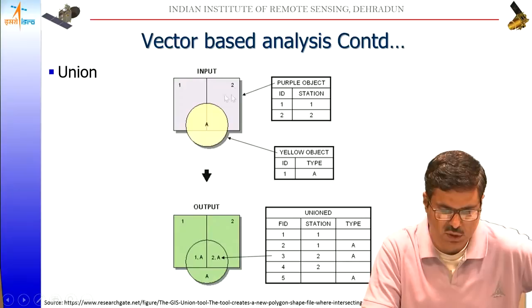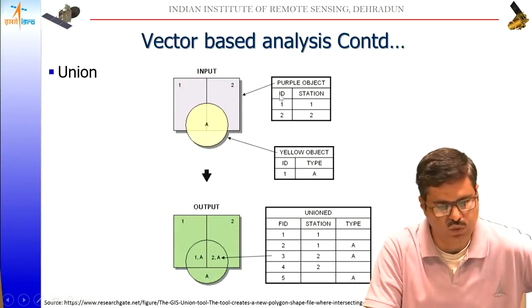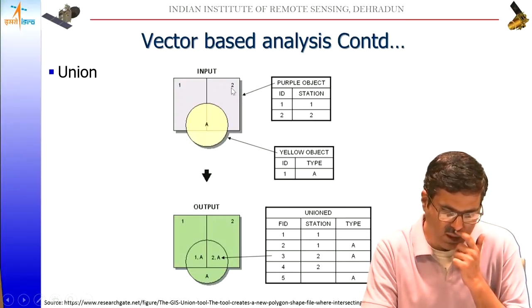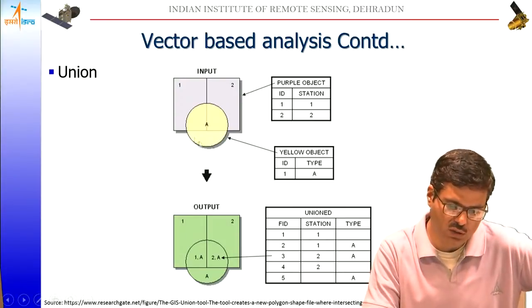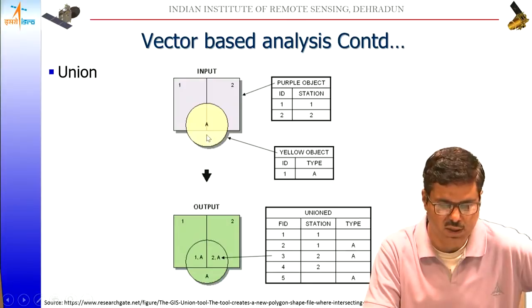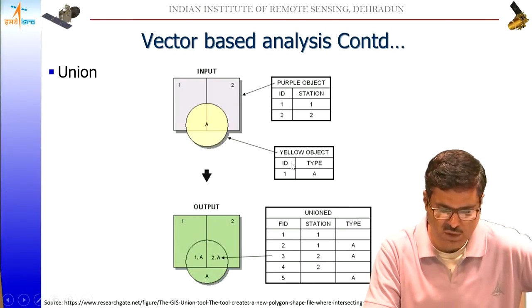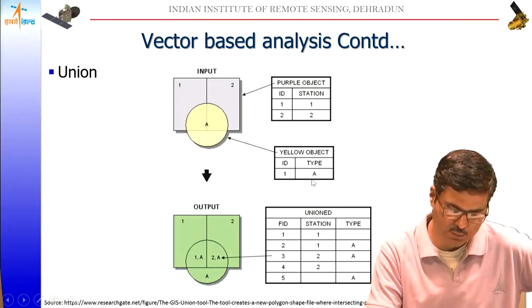This purple region has two polygons, 1 and 2, and the fields are ID and station, with ID 1, station 1, and ID 2, station 2 for polygon 2. The second layer, represented by this circle A, is one region having ID 1 and type A.